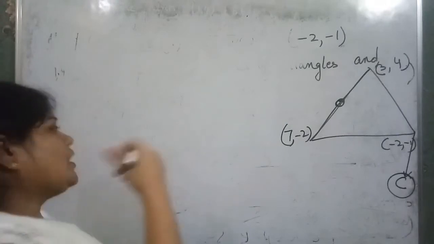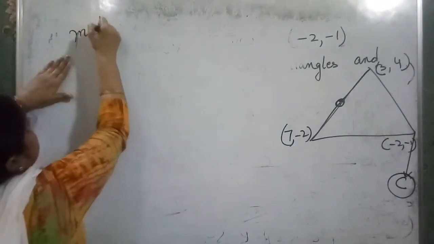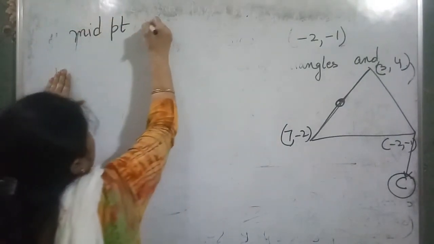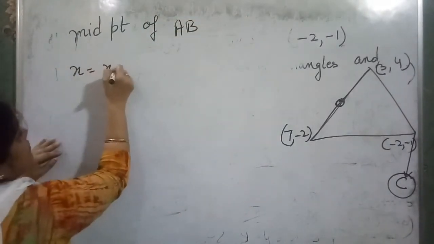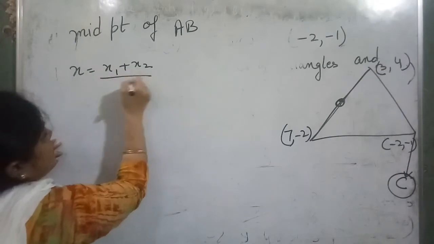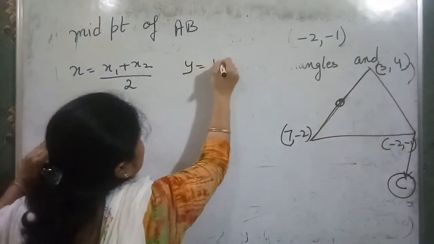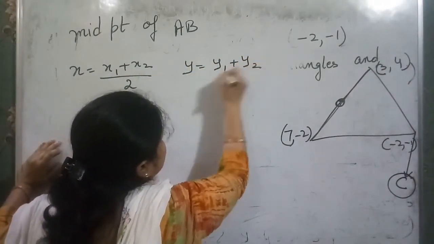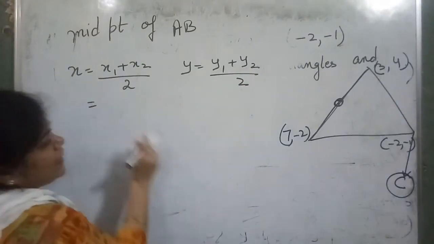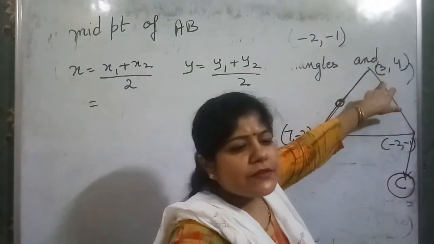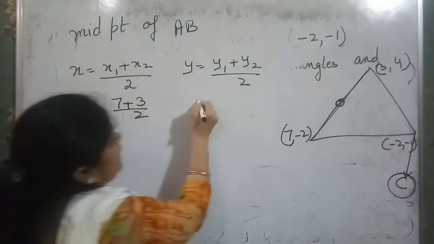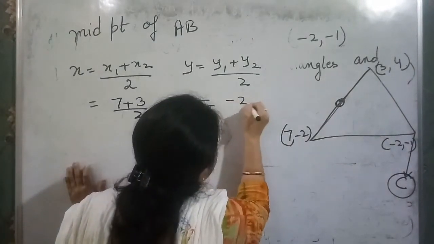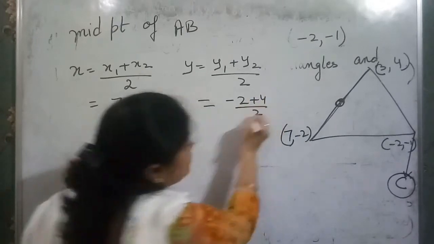Okay? Now the midpoint of AB. x is equal to (x1 plus x2) by 2, y is equal to (y1 plus y2) by 2. So we have (7 plus 3) by 2, and here we have (minus 2 plus 4) by 2.